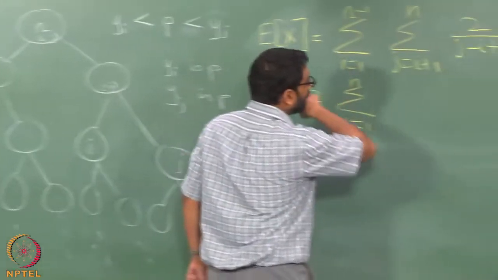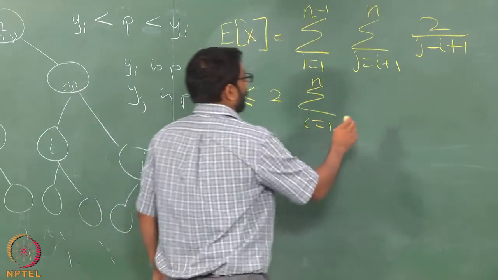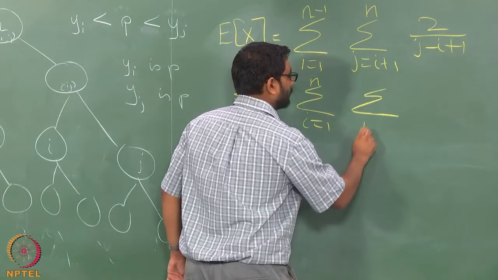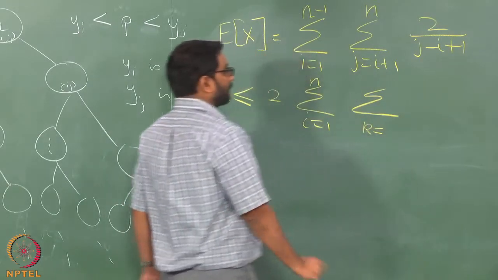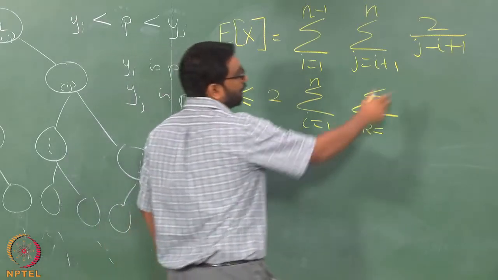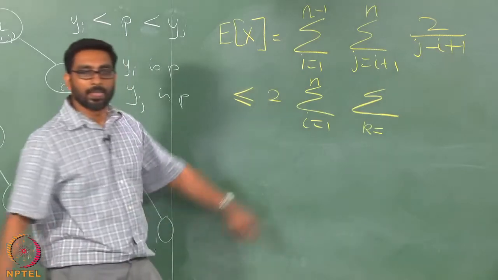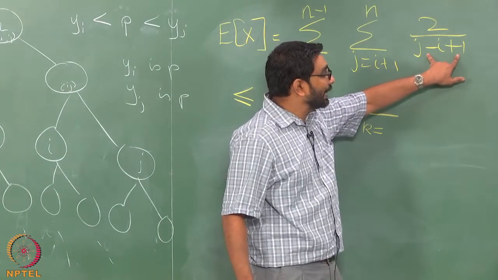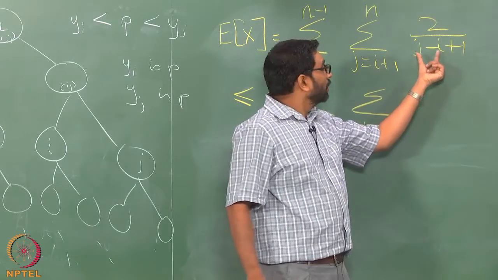Okay, so now I'm going to use a different variable for iteration here. Let's see, what is the smallest value that this denominator can take? The smallest value it can take is 2, because j is definitely larger than i by at least 1.